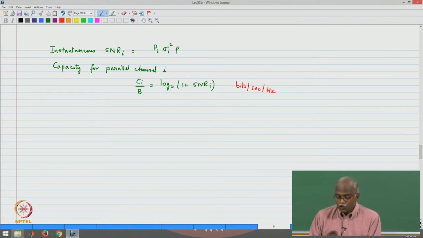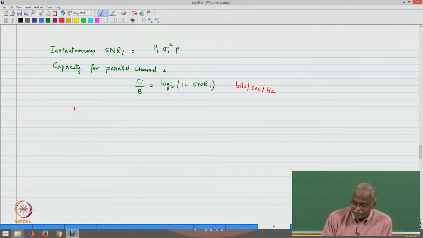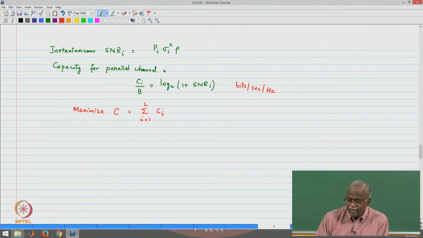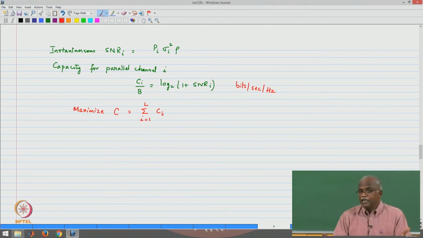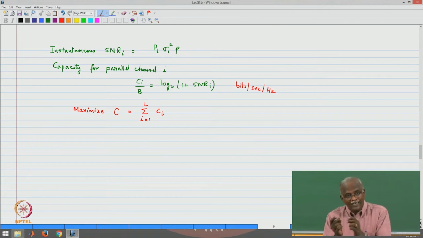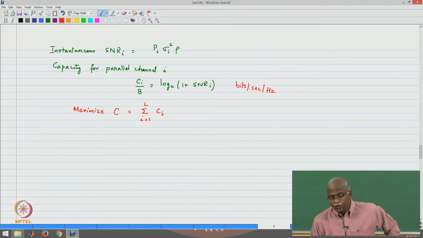Okay. So, now our goal is to maximize the total capacity of the system, which would mean maximize capacity C, where C is the sum of the individual capacities of the L parallel channels. We have NT transmit antennas, NT receive antennas. Using the singular value decomposition, where L corresponds to the rank of H, we have been able to divide them into parallel channels.